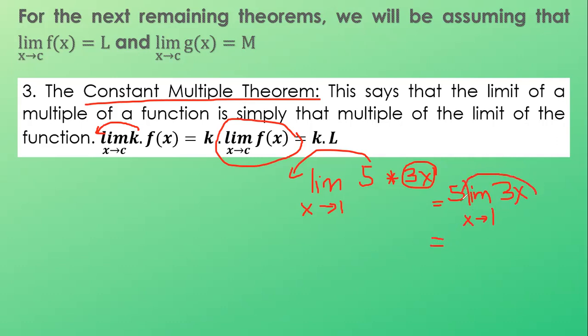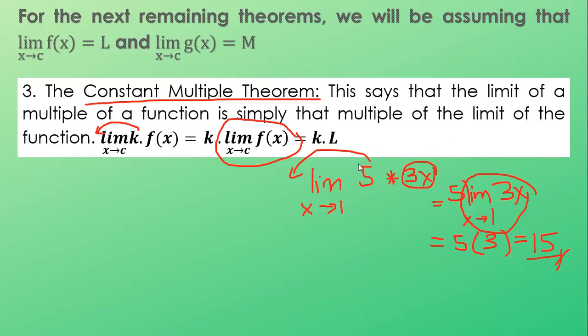So evaluate natin tong limit of 3x as x approaches 1 by substitution method. So pag sinubstitute natin si 1, ang limit niya ay 3. So inilabas natin si 5, so that will be multiplied to 3. So our final answer will be equal to 15. So that is the constant multiple theorem.